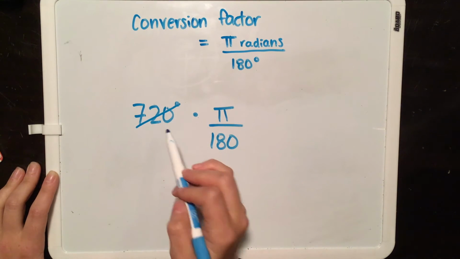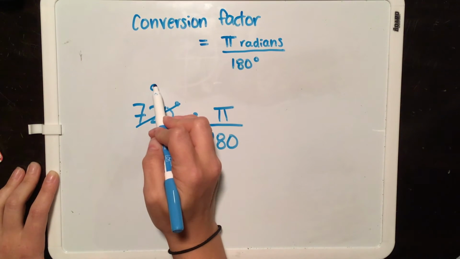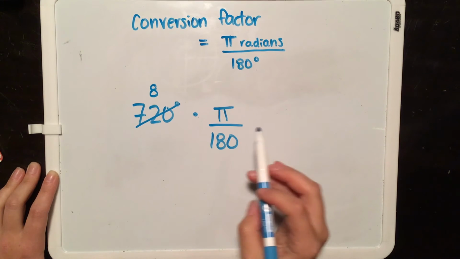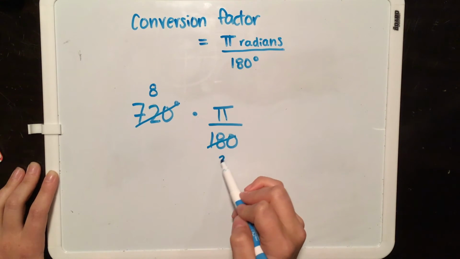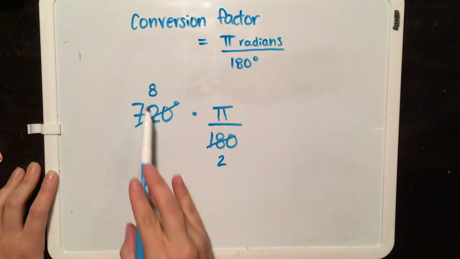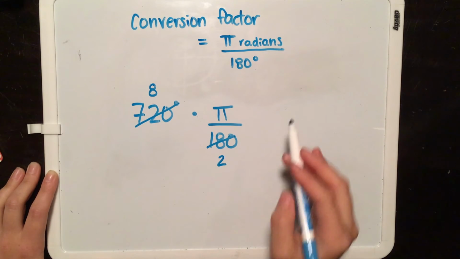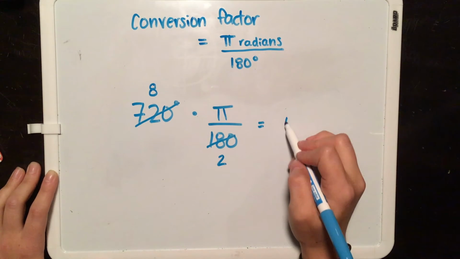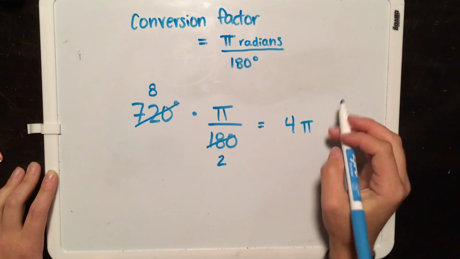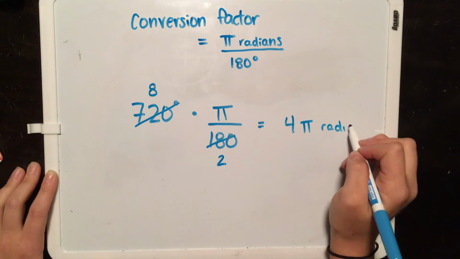So if you divide 720 by 90, you get 8. And 180 divided by 90 is 2. So we're left with 8 divided by 2, which is just 4. Multiply by the pi, and we're left with 4 pi radians.